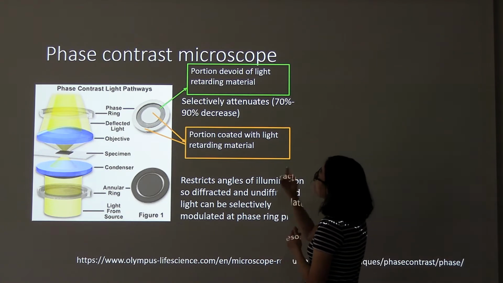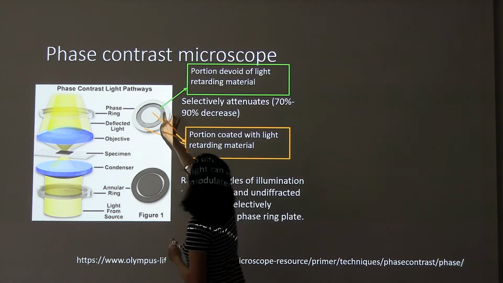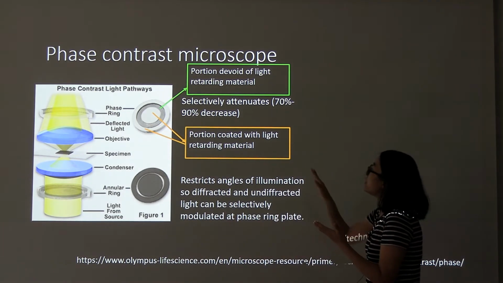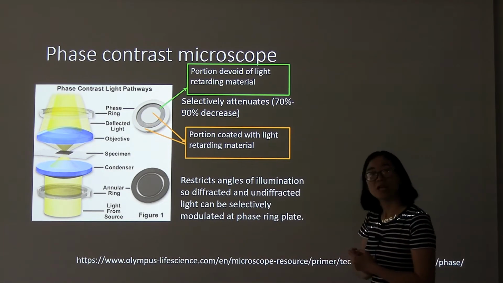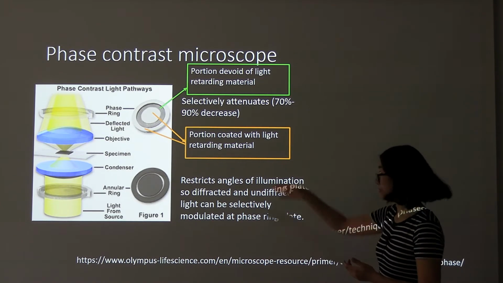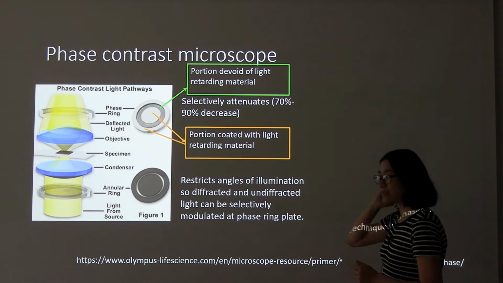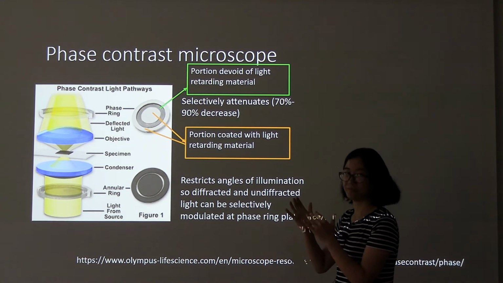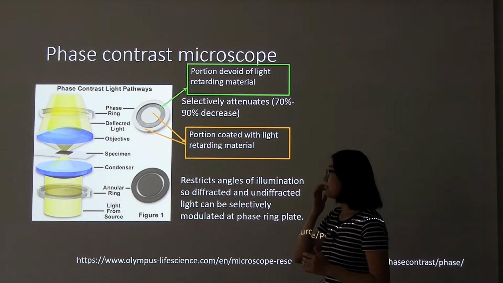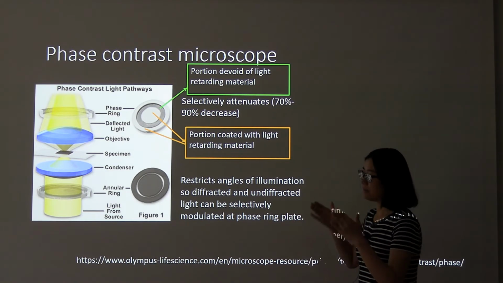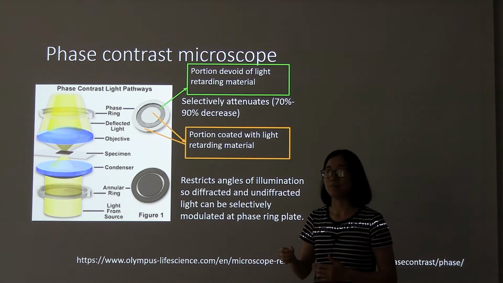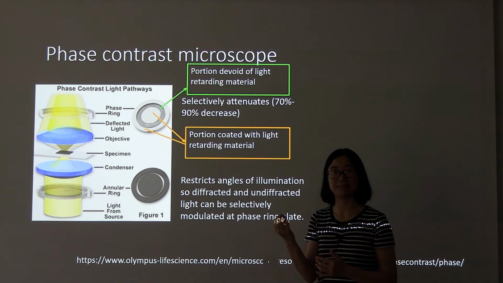But when the light goes through the center material, it doesn't give any change to the light. So they will have different phase shifts of the two lights, and it's easier when they interfere with each other. It will be easier to recognize because of the changes in intensity.